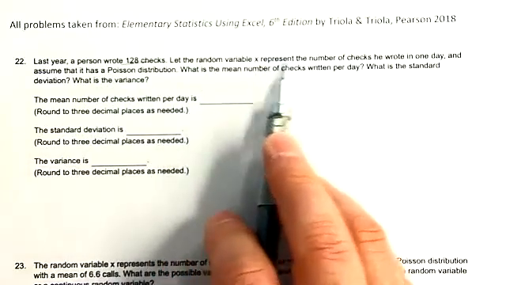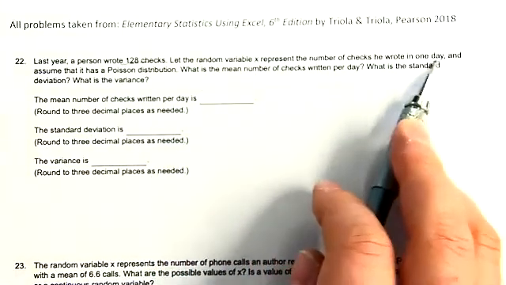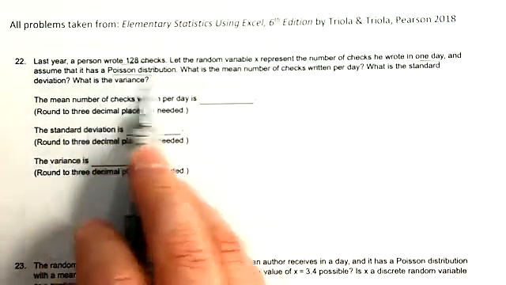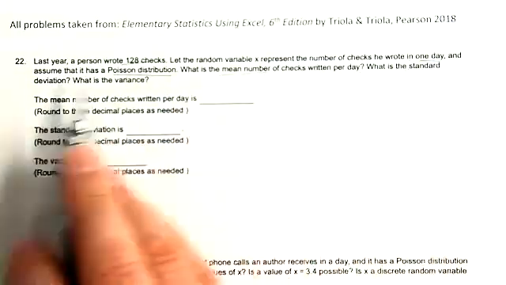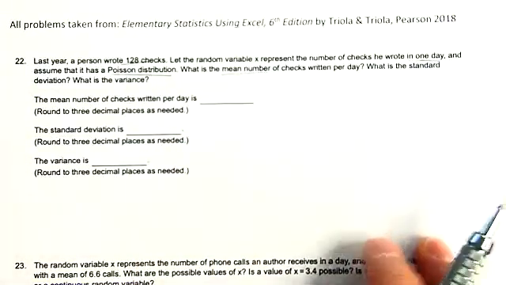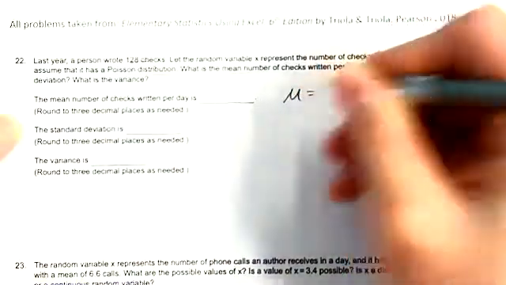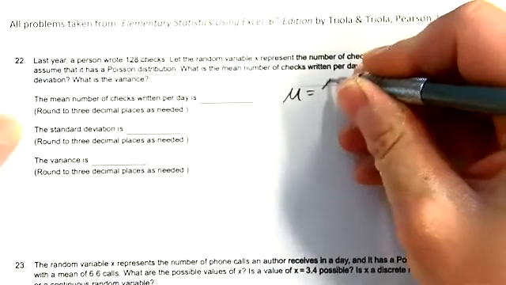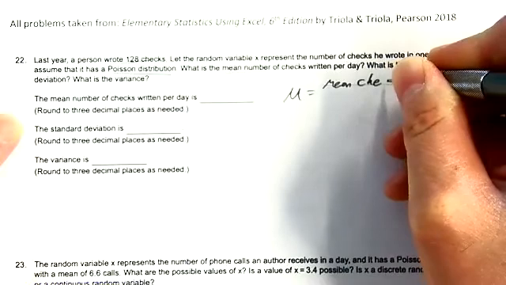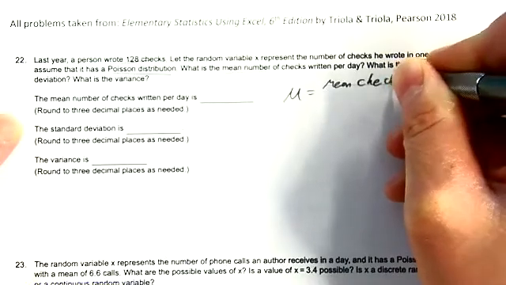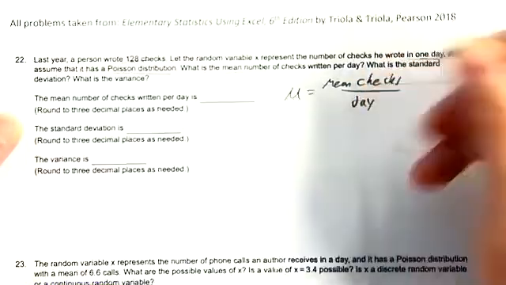Last year, a person wrote 128 checks. Let the random variable X represent the number of checks he wrote in one day, and assume that X has a Poisson distribution. What is the mean number of checks written per day? What is the standard deviation? What is the variance? So mu would be the mean checks per day.